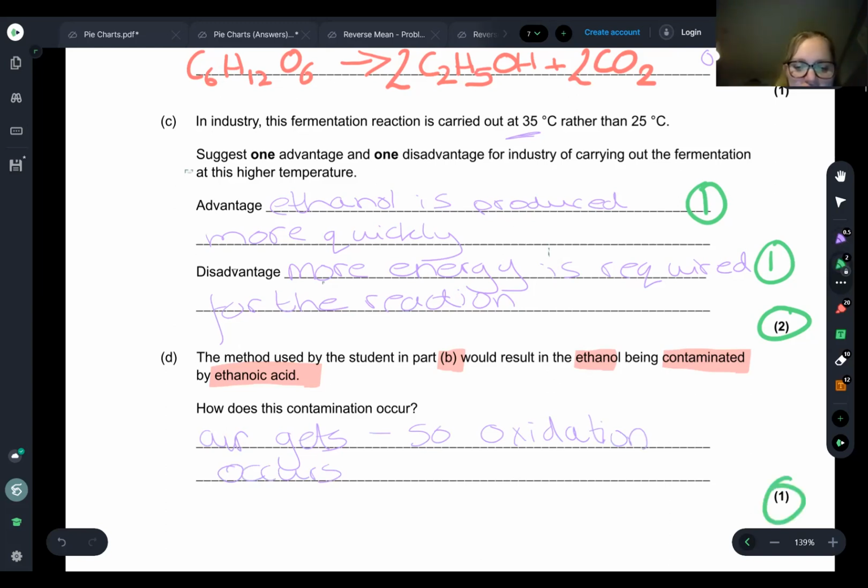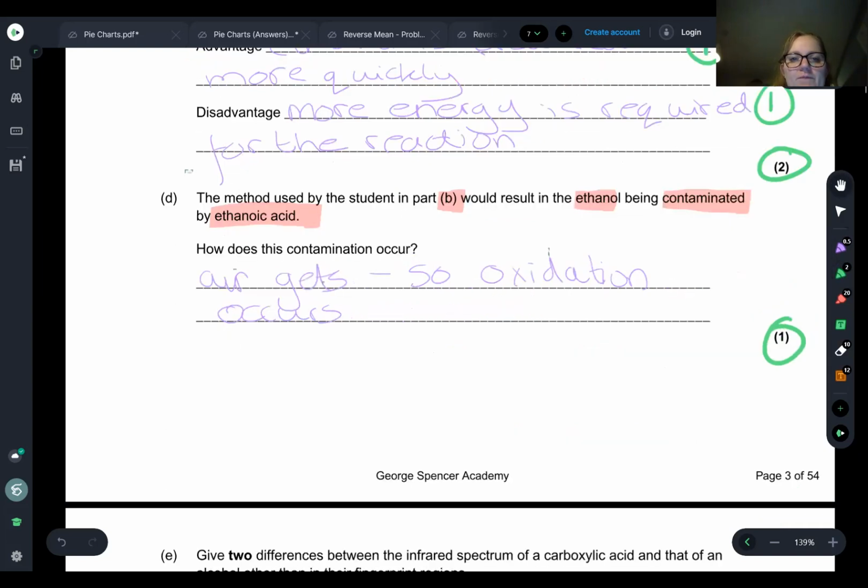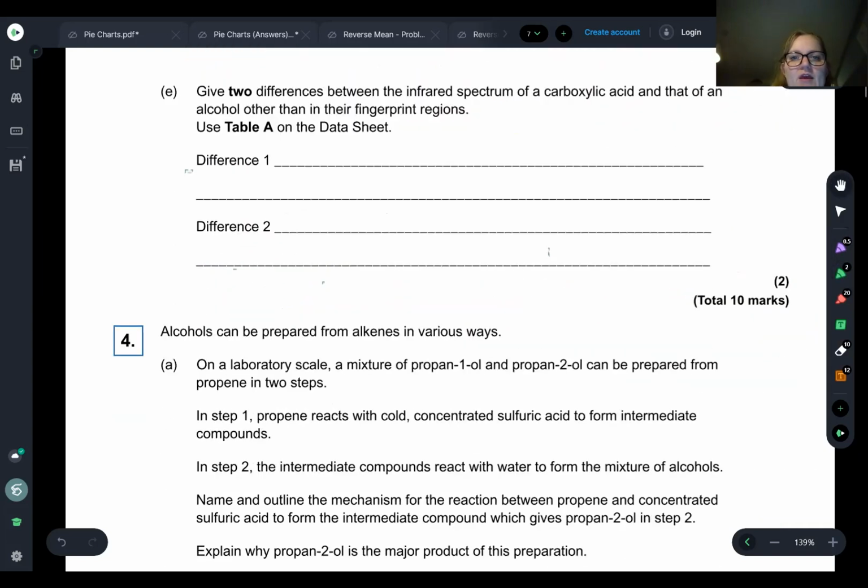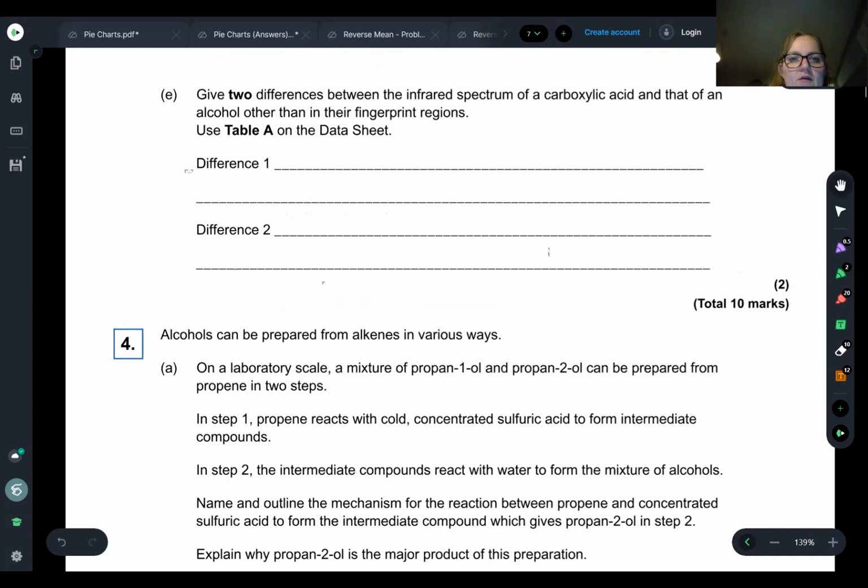Is that the whole of that question, or have we got more? No, we've still got a bit more to that question. It's quite a long ongoing question, this one. This goes back to really early stuff that we did in chemistry: the infrared spectrum, IR spectrum.